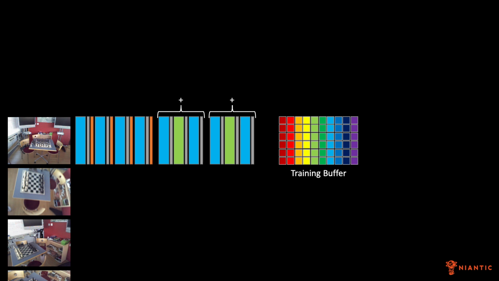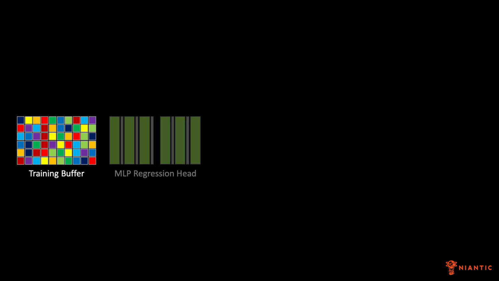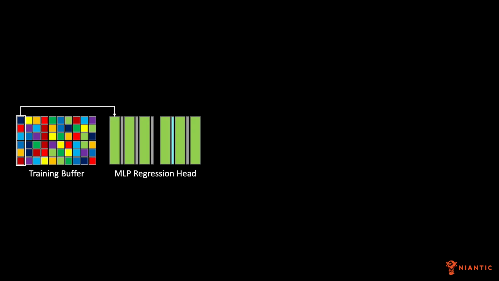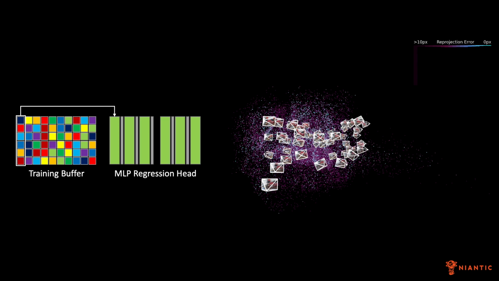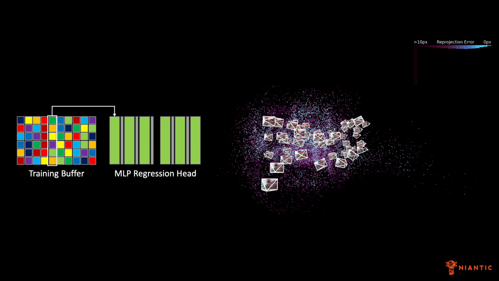After the data preparation step, we start the actual mapping process. First, we shuffle the buffer. The only thing that is actually trained for a given map is the regression head. We pass it a batch of buffer features. It predicts scene coordinates, and we calculate the reprojection loss. Repeat. Note how each training batch contains features of random mapping images.